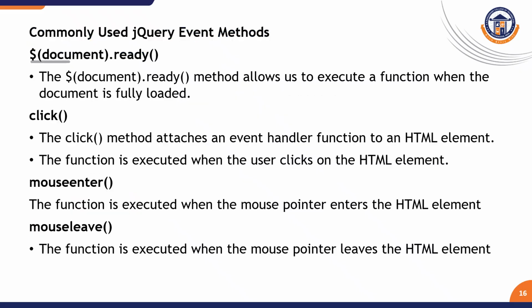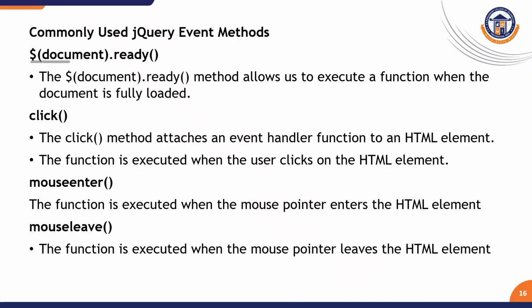Commonly used jQuery event methods. Dollar symbol followed by the document.ready method allows us to execute a function when the document is fully loaded. Click method: the click method attaches an event handler function to an HTML element.